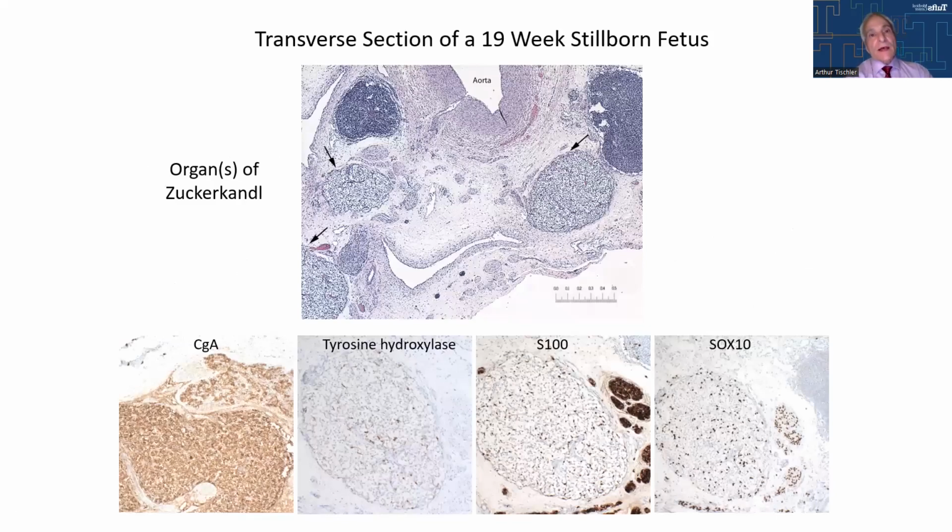This is a transverse section of an approximately 19-week human fetus showing what paraganglia really look like. And as a cross-section, these two structures, which are paraganglia here, may correspond to what is diagrammed as the lobes of the organ of Zuckerkandl. They typically are composed of clear cells. You can see this classic cell ball architecture here. And also note that these paraganglia are very close to retroperitoneal lymph nodes.